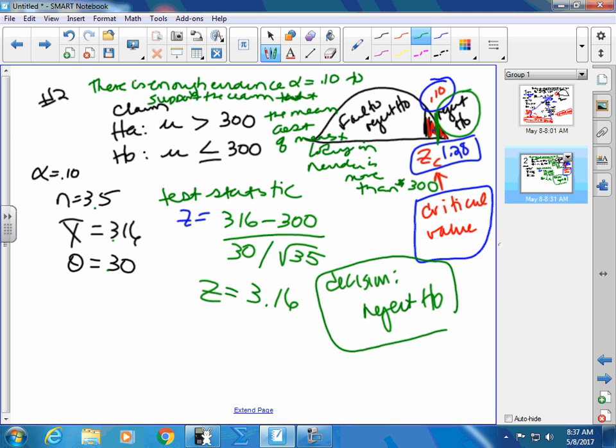I'm supporting that claim. You've got to write that whole thing out for me. I don't want to see support the claim, because you won't get any credit for it.